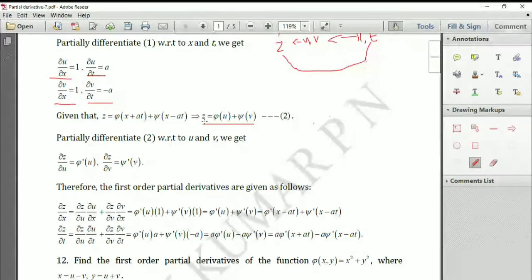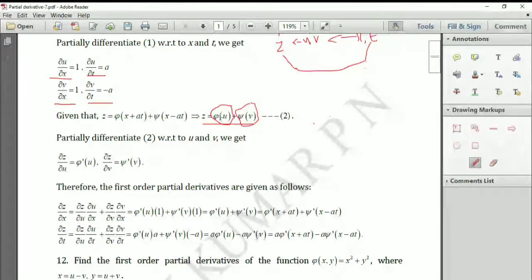When you partially differentiate z with respect to u, remember v is constant. When you partially differentiate with respect to v, u is constant. And remember, phi is a function containing only variable u, and psi is a function in terms of v only. Now let us differentiate z with respect to u.